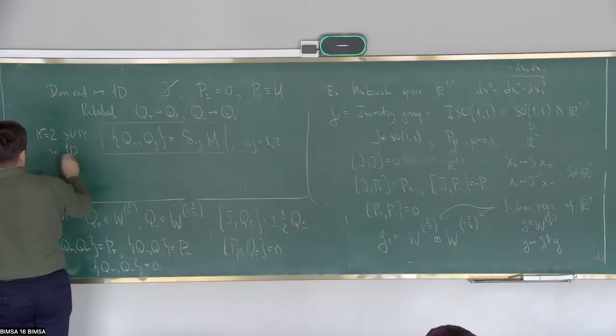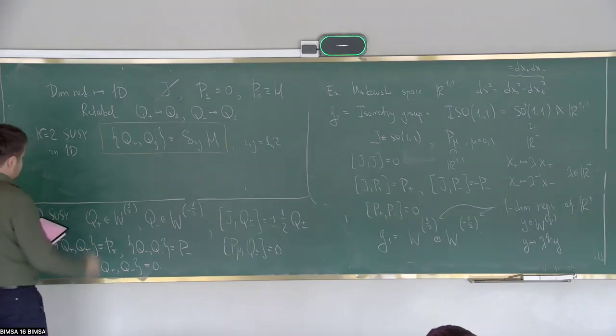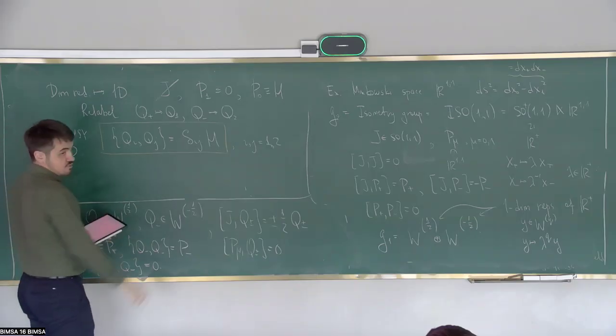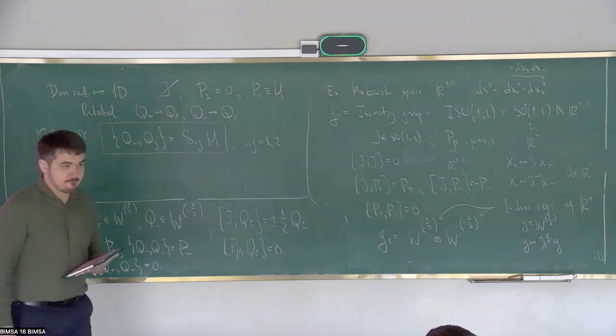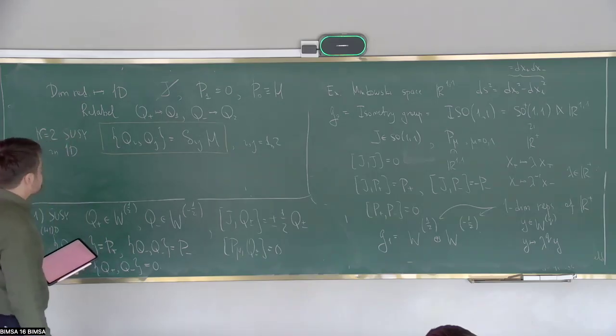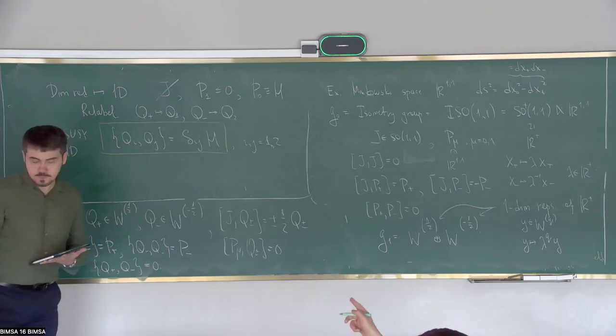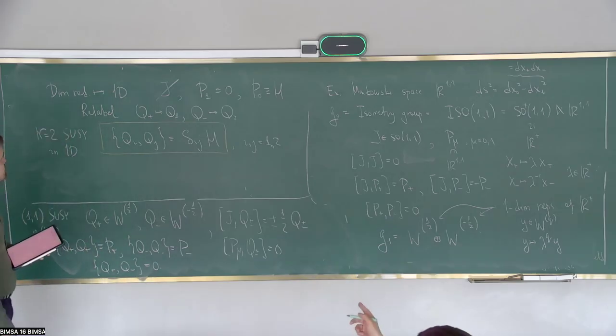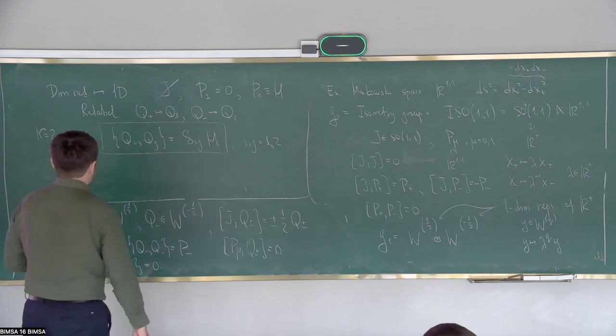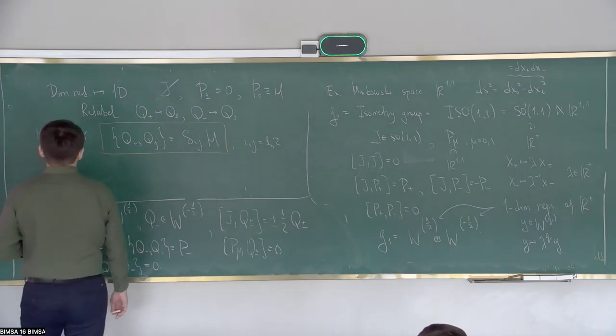N equals 2 here refers to the fact that there are two supercharges, Q1 and Q2. So Q1 with Q1 is H and Q2 with Q2 is H. So two supercharges, and they anticommute with each other.